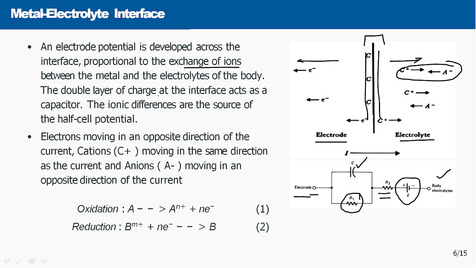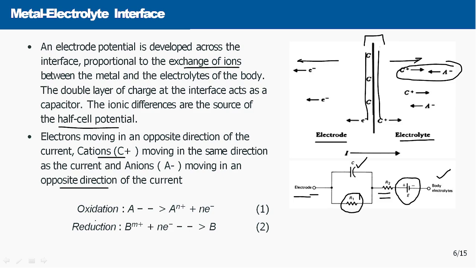The double layer of charge at the interface acts as a capacitor. The ionic differences are the source of half cell potential, as we have discussed. The electrons move in the direction opposite to the current, the cations move in the same direction as the current, and the anions move in the opposite direction.